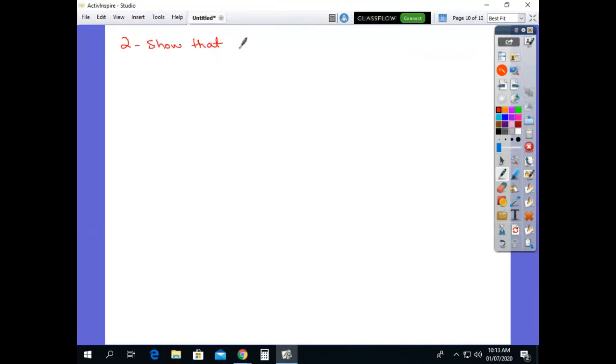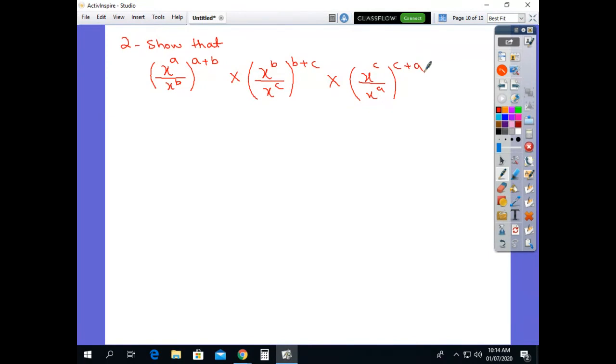here we are to show that x raised to power a over x raised to power b, whole raised to power a plus b, multiplied by x raised to power b over x raised to power c, whole raised to power b plus c, similarly x raised to power c over x raised to power a, whole raised to power c plus a, is equal to 1.